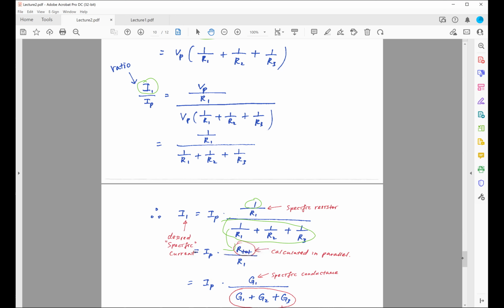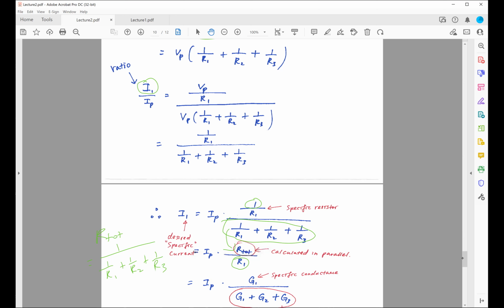But of course, I still have this R1 on the bottom, right? So I bring this R1 down over here. So mathematically, these two equations are the same. All I did here is replace R total, which is equal to 1 over R1 plus 1 over R2 plus 1 over R3. That's all I did.